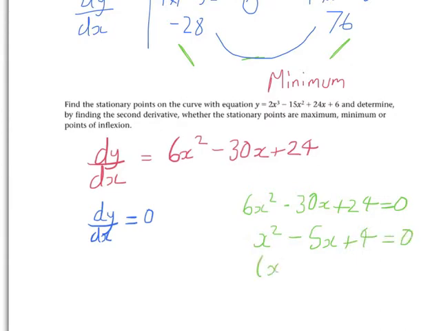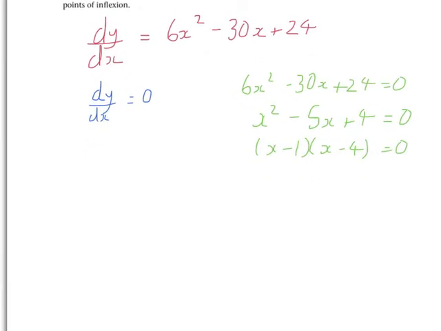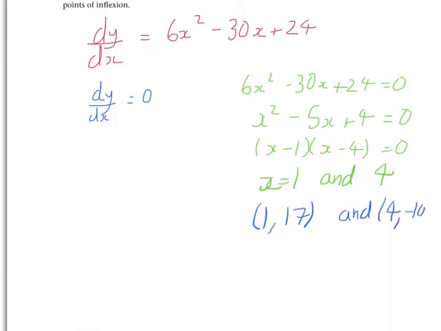It factorises quite nicely to (x minus 1)(x minus 4). So our two values for x are 1 and 4. Now if it asks us to find the coordinates, we just need to substitute our 1 and our 4 into our original curve to find out what our y component would be. And if you do that, you end up with the coordinates (1, 17) and (4, minus 10).